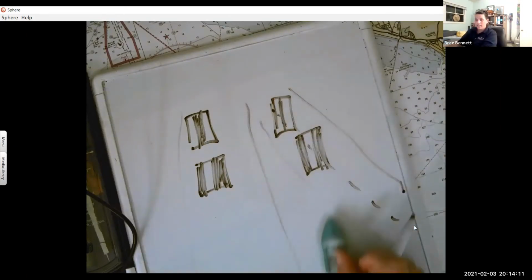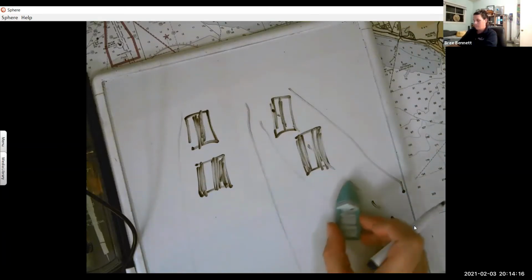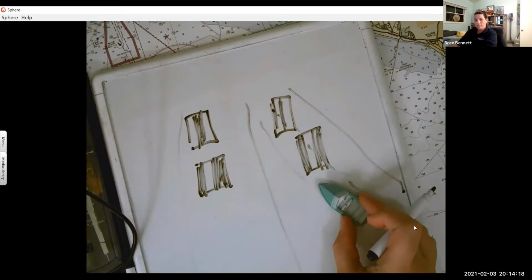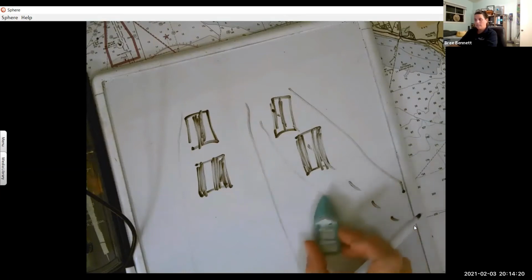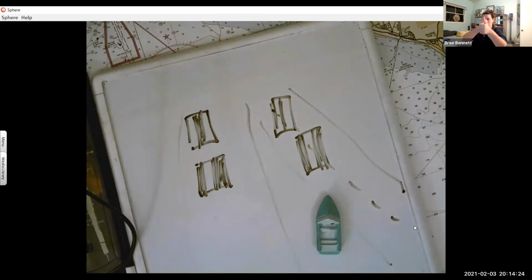If you are seeing them like this, then you need to steer to the right to get them back in line. So that's that bearing change, if you will. You want to keep them in line to maintain the channel.